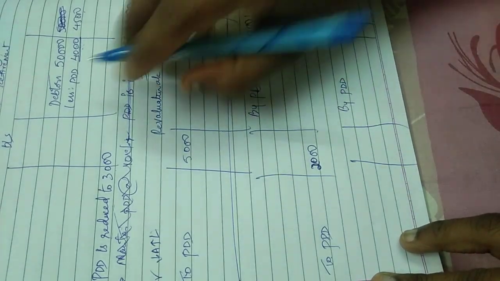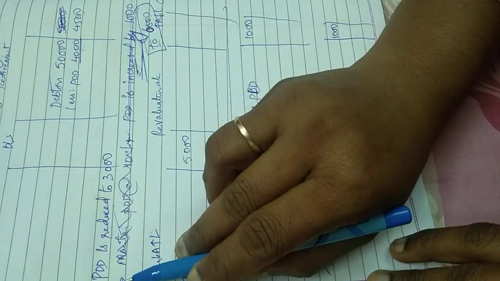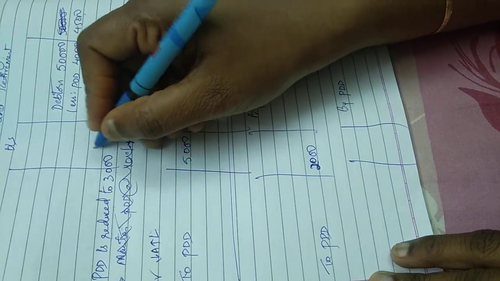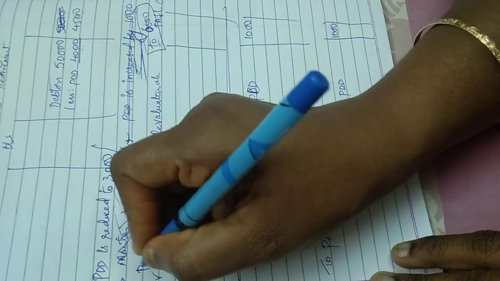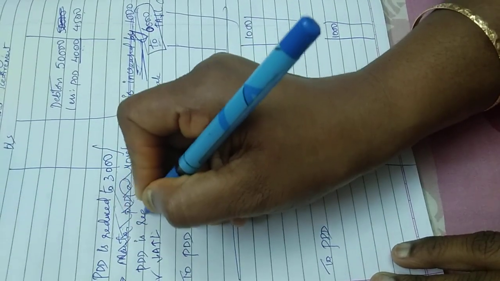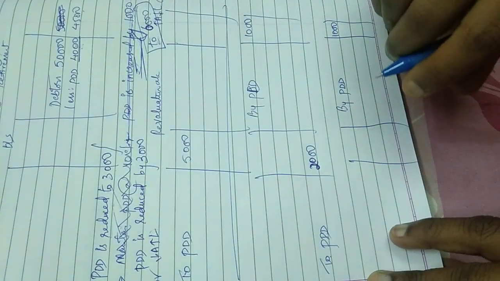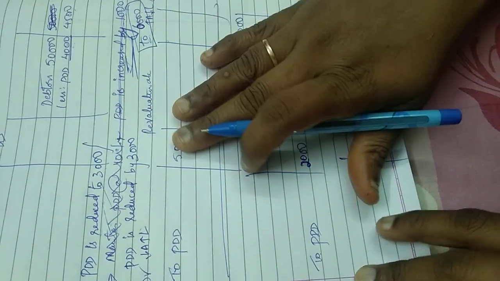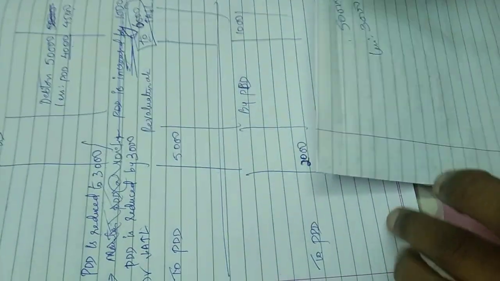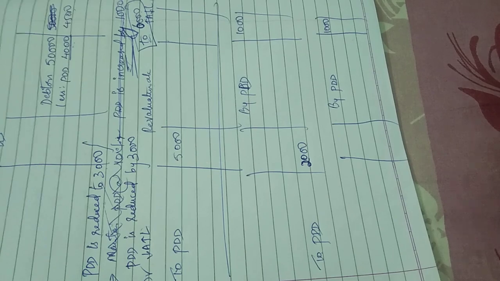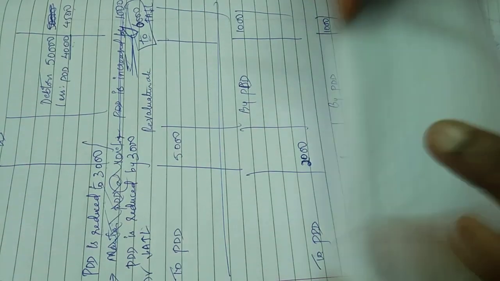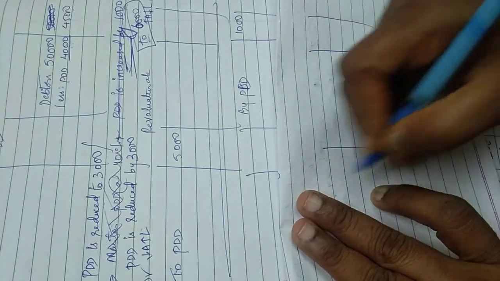Okay. Now if the PDD was 4,000 and then they say PDD is reduced by 3,000. What will I do? When they say it is reduced by 3,000, reduced means what did I say? You can blindly take it on the credit side of your revaluation account.